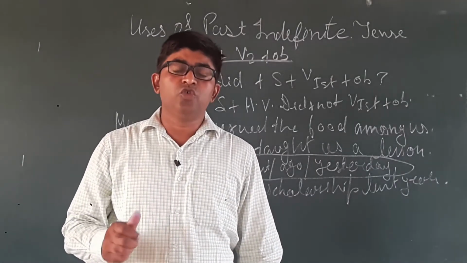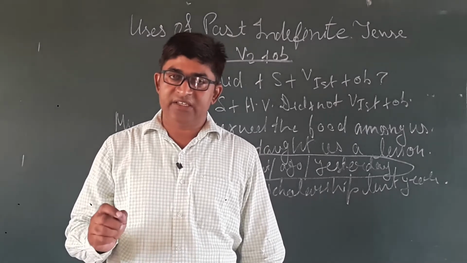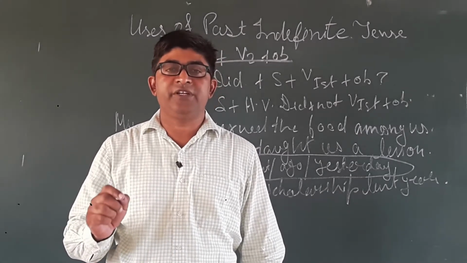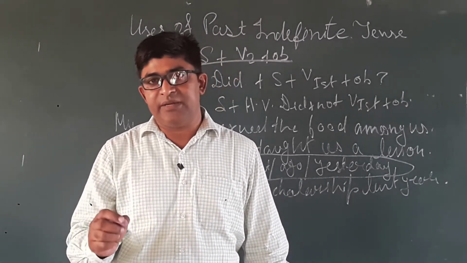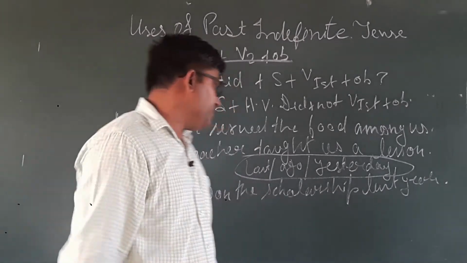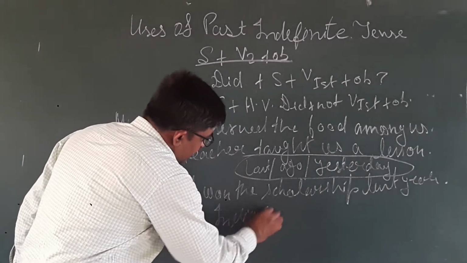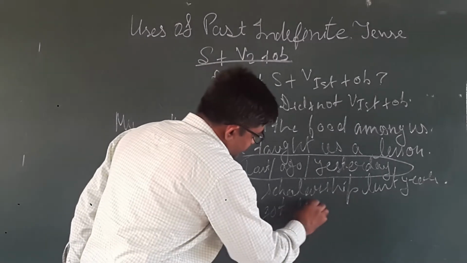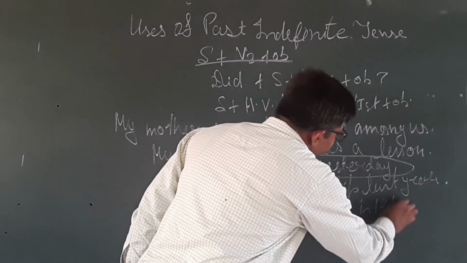The second rule of using the past indefinite tense is that it is used to express any action that happened at a fixed time in the past. For example, India got liberty in 1947.